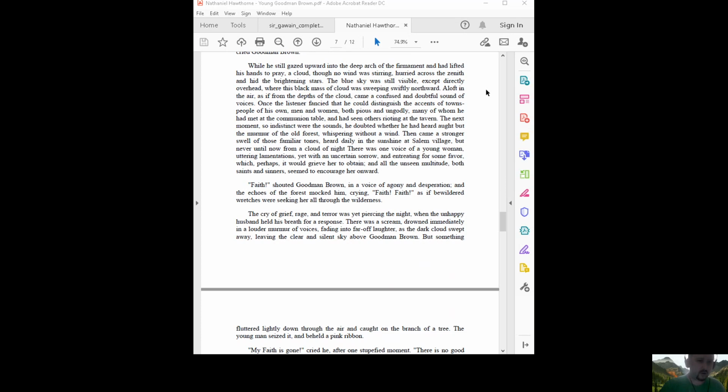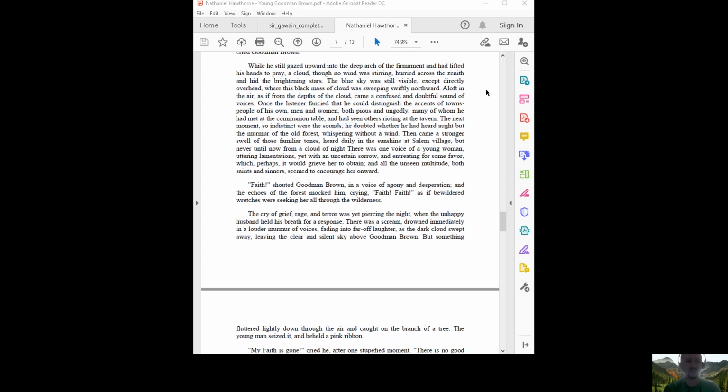While he still gazed upward into the deep arch of the firmament, and had lifted his hands to pray, a cloud, though no wind was stirring, hurried across the zenith and hid the brightening stars. The blue sky was still visible, except directly overhead, where the black mass of cloud was sweeping swiftly northward. Aloft in the air, as if from the depths of the cloud, came a confused and doubtful sound of voices. Once the listener fancied that he could distinguish the accents of townspeople of his own, men and women, both pious and ungodly, many of whom he had met at the communion table, and had seen others rioting at the tavern.